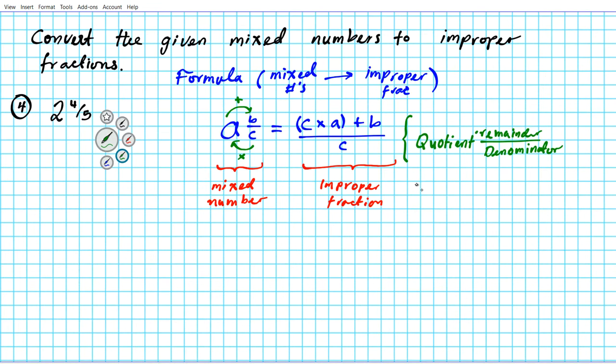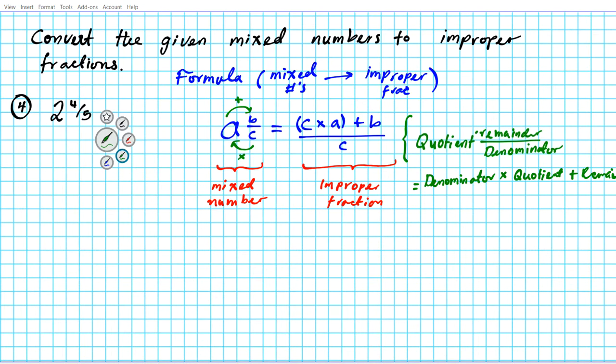So the steps are telling you to change it into improper fraction. You're just going to take the denominator, multiply it by the quotient, and add on the remainder.